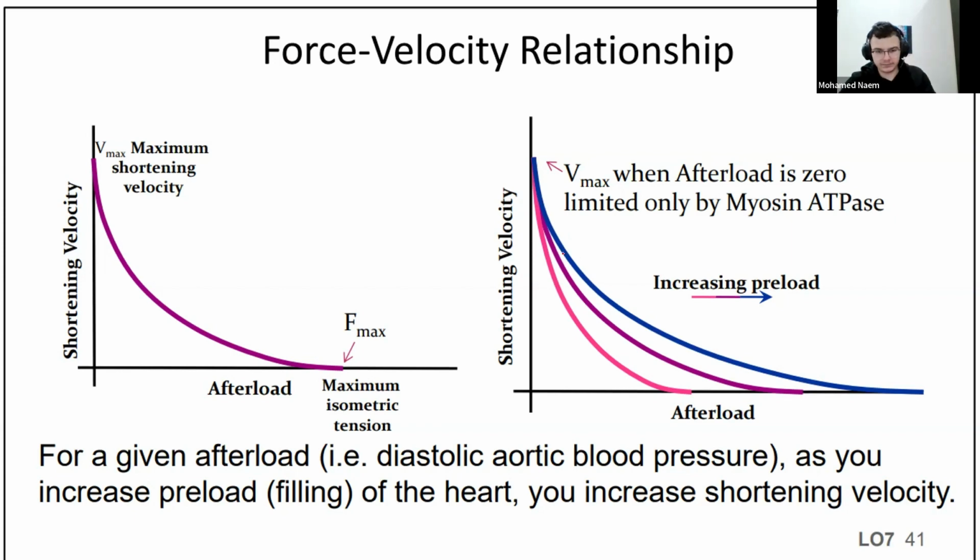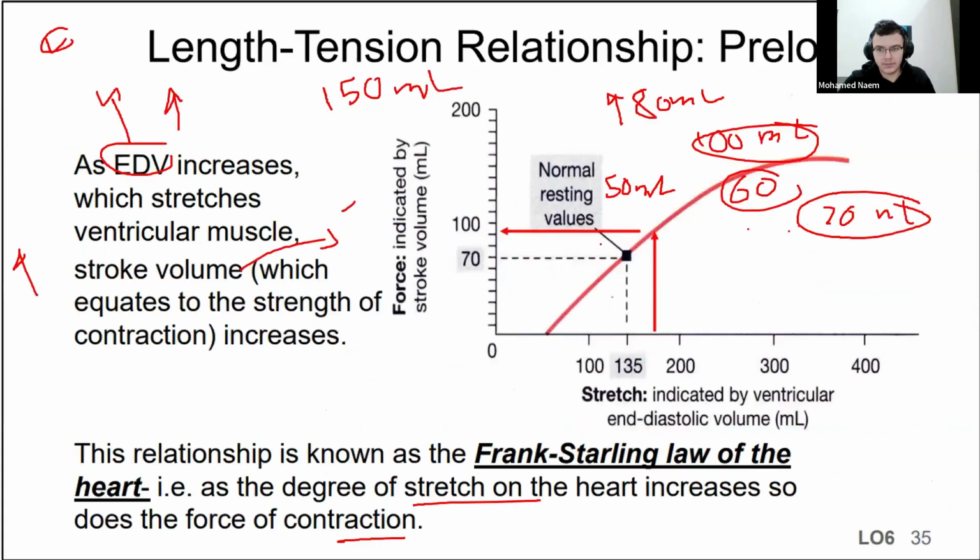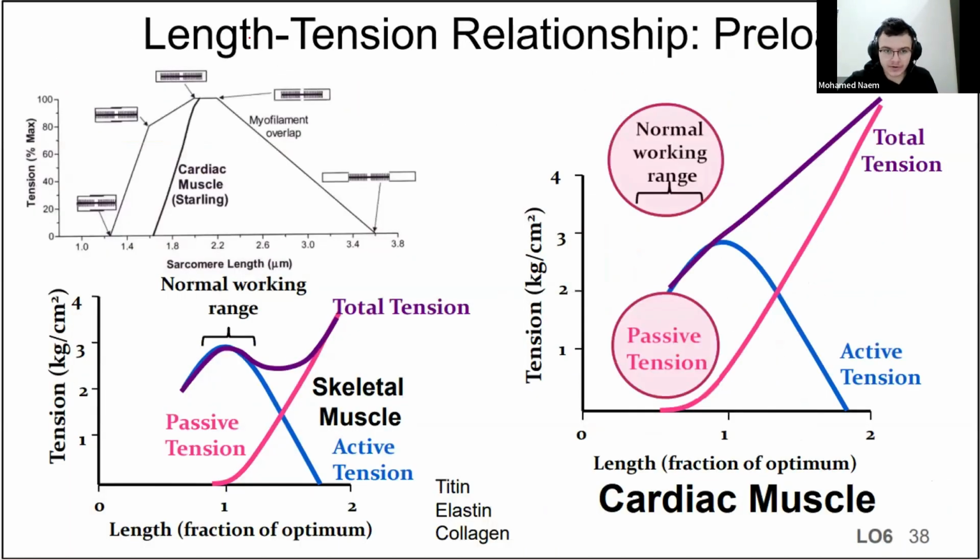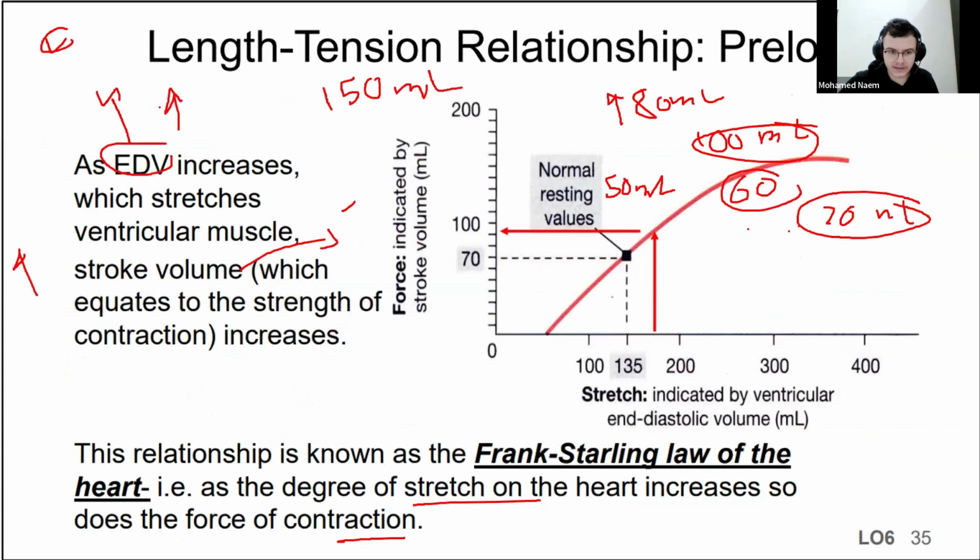Preload and afterload. Let's go back again. Remember, in the case of the heart, the preload is the amount of blood that is inside the ventricle. EDV, this is the preload. It's what we work with, basically what we have, the amount of blood.